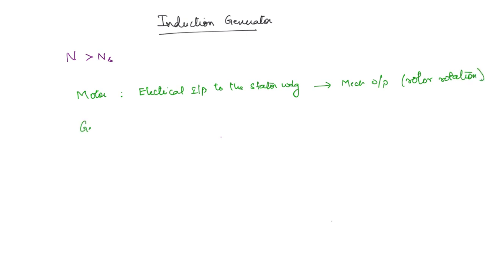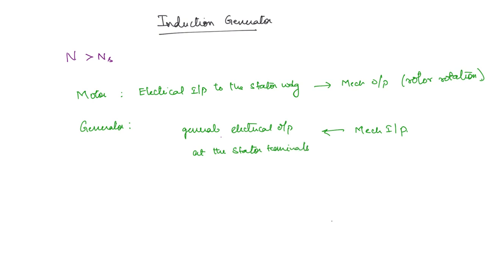So what will happen in a generator? Exact opposite will happen. You're going to give a mechanical input. That means there will be a prime mover which will rotate the rotor of the induction machine, and this will in turn generate electrical output at the stator terminals.